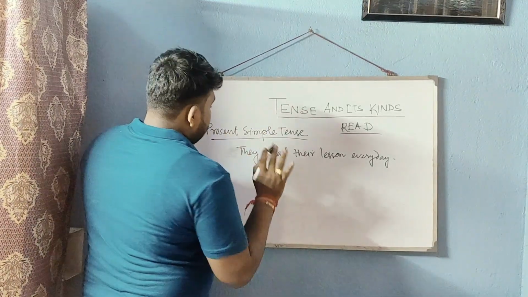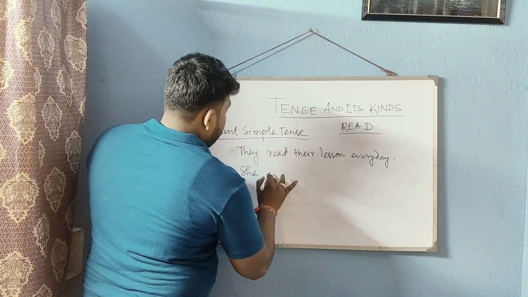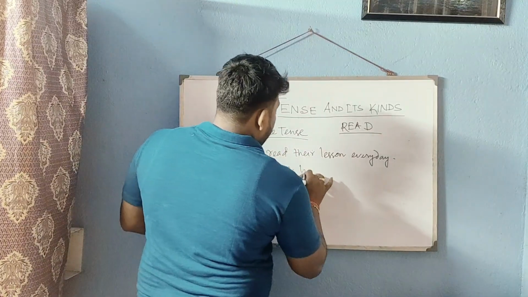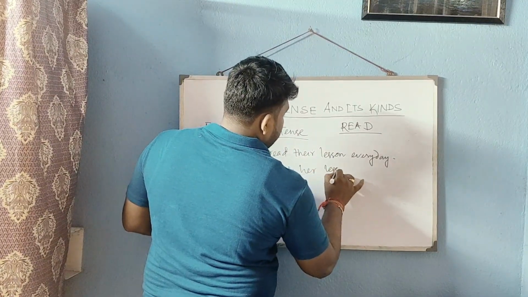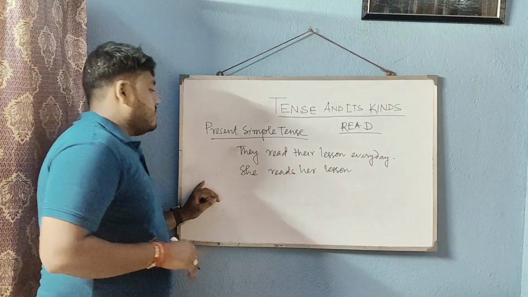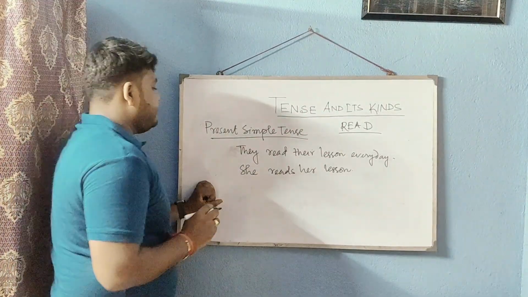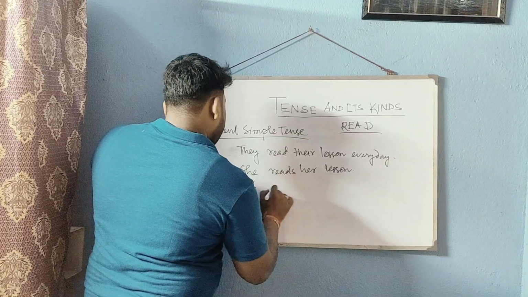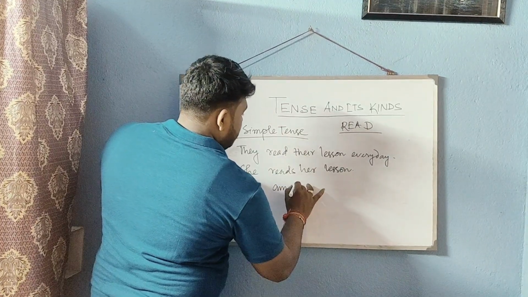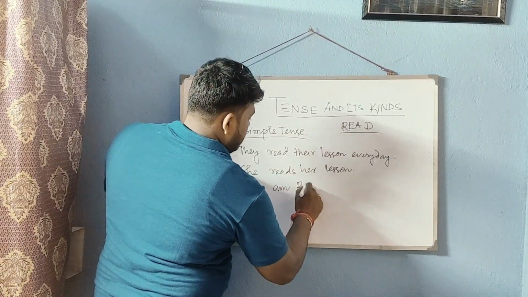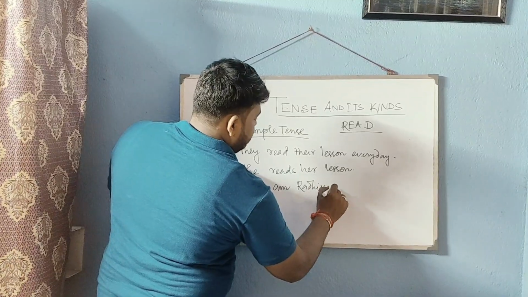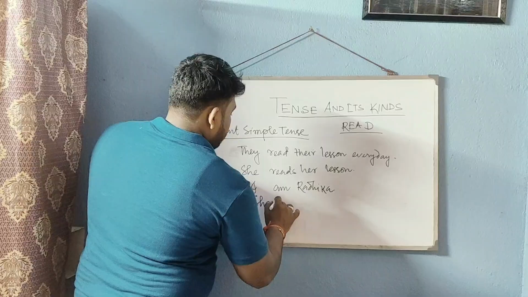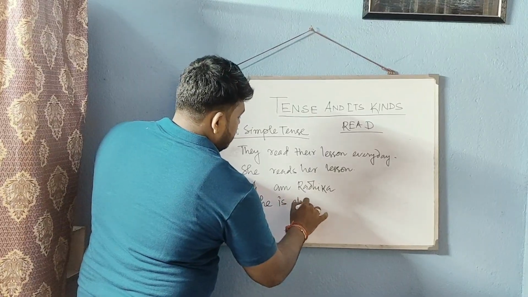I'm taking the subject she here. She reads her lesson. Now with the be verb, I am Radhika. She is all right.